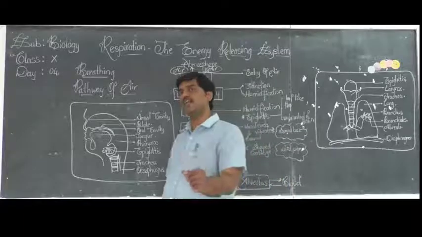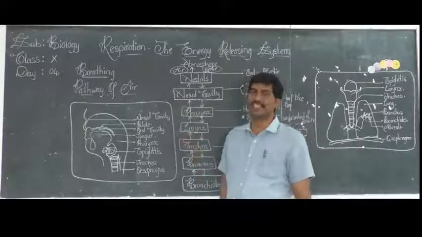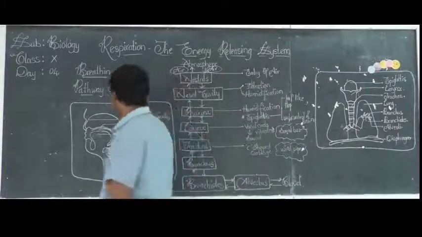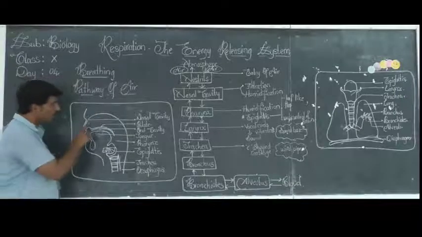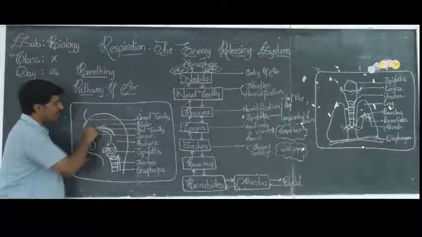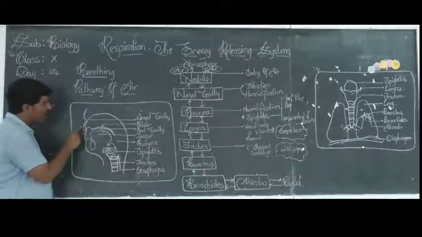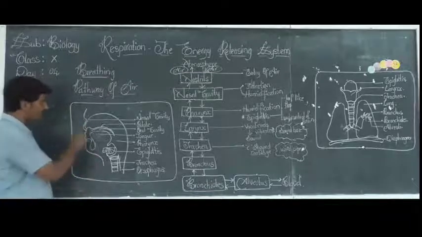At the entry of the nasal cavity, fine hairs come up from the walls of the nasal cavities. In this picture diagram you can look at it. This is the nasal cavity and these are the nostrils, and the air from the nostrils enters into this nasal cavity.